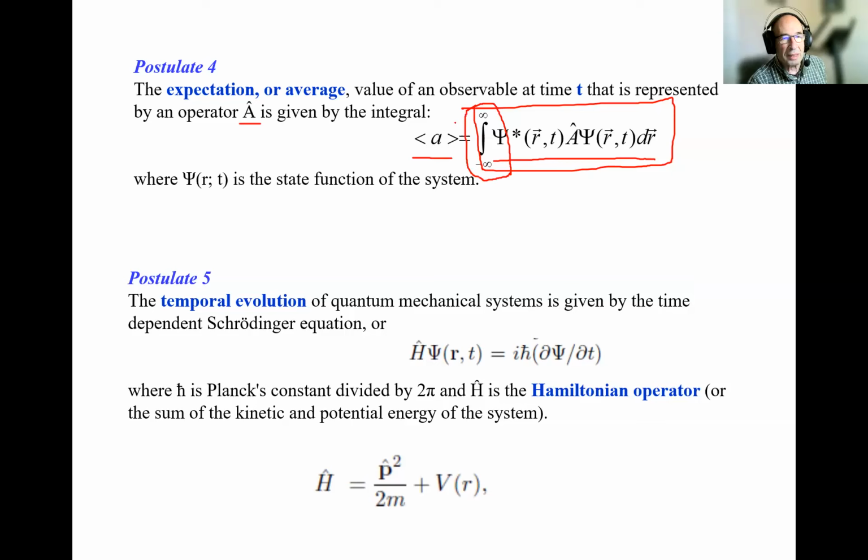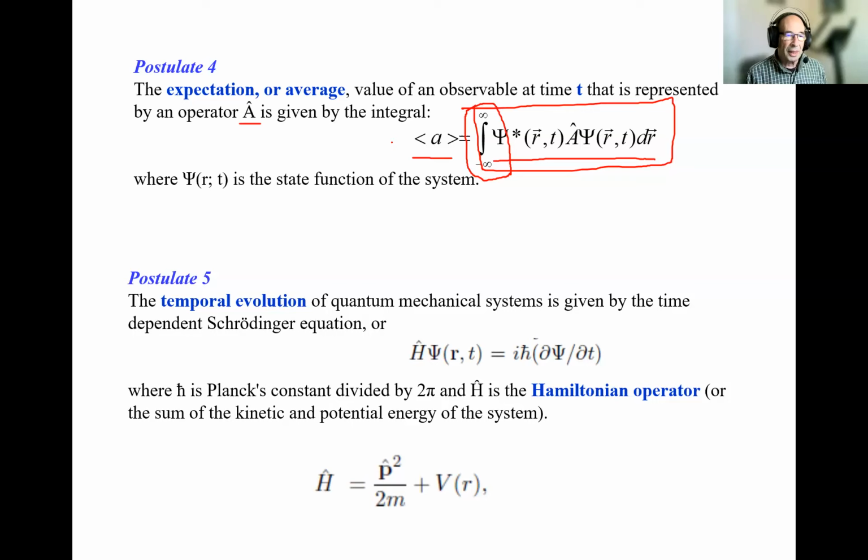And that is supposed to give us the average value of that observable over space and time, right? So this is, again, a postulate. This is how we suggest building up this theory: when we ask this question, we use this operation to do that.